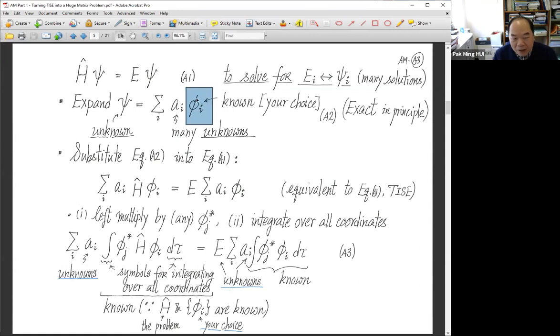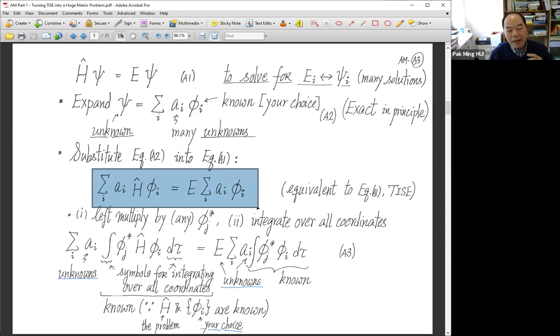Okay, so now, good, we are ready. Next step, plug this wave function expansion into the Schrodinger equation. Okay, so it is this line. H psi, so psi is the sum. The A_i is a constant, these are coefficients, unknowns, but nonetheless, the operator will not operate on them.